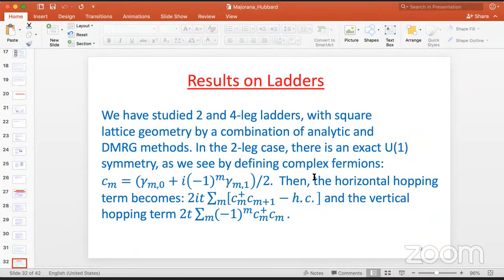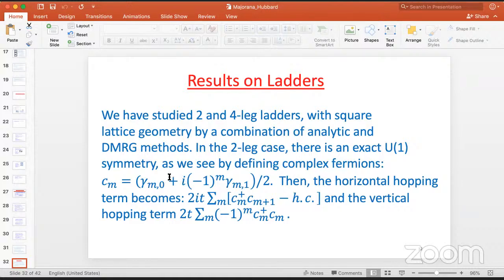Okay, so now let me discuss results on ladders. We've studied 2-leg and 4-leg ladders, with square lattice geometry, by a combination of analytic and DMRG methods. So in the 2-leg case, we can see this by defining complex fermions.